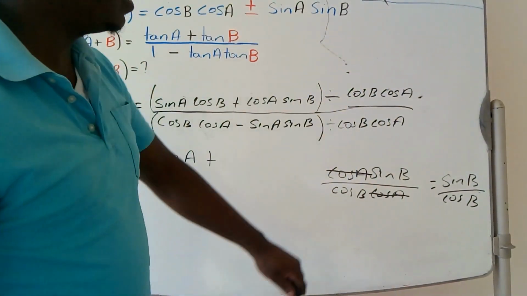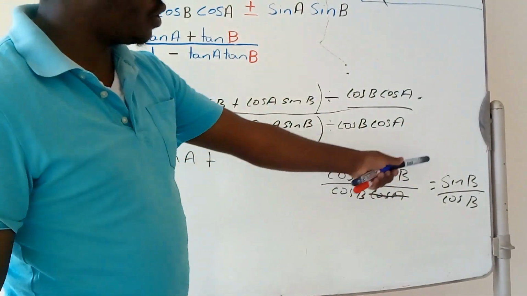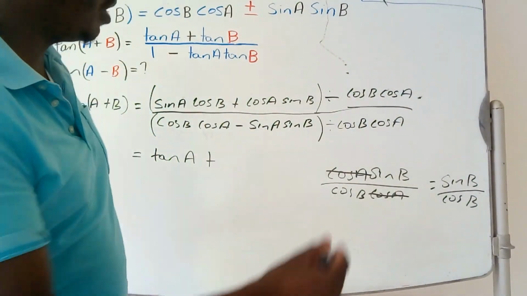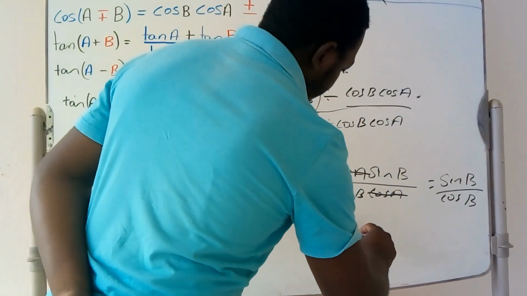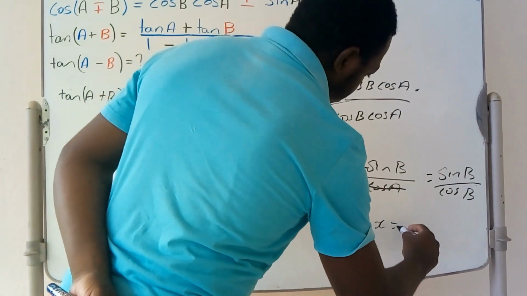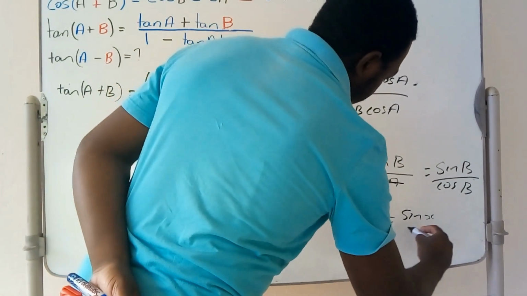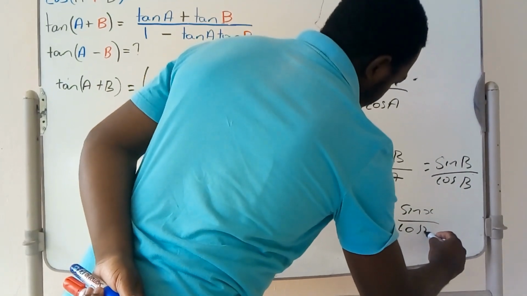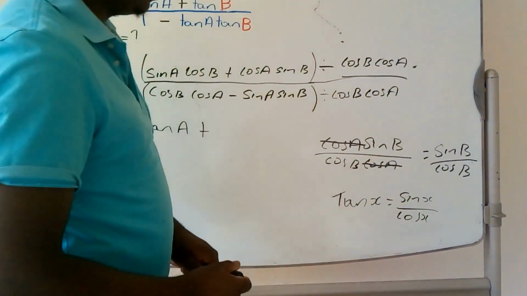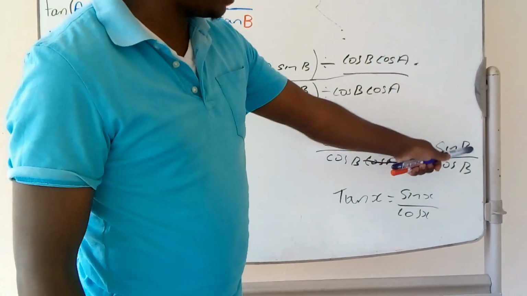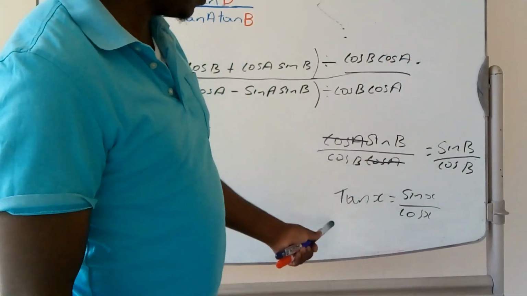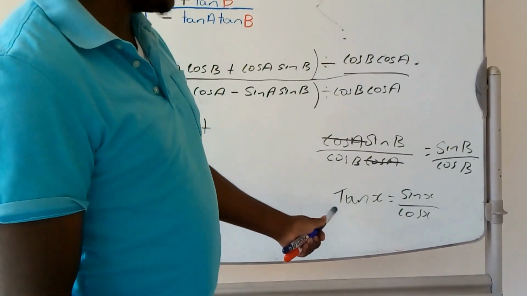But from the reciprocal identity, right? This rings a bell, right? You remember this identity that says tan of x is actually equal to sine x divided by cos x. So here I have sine B divided by cos B. That's just tan B, right?